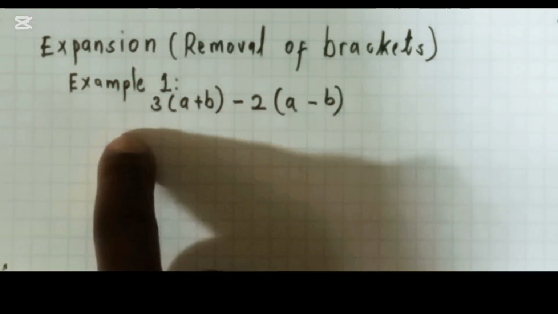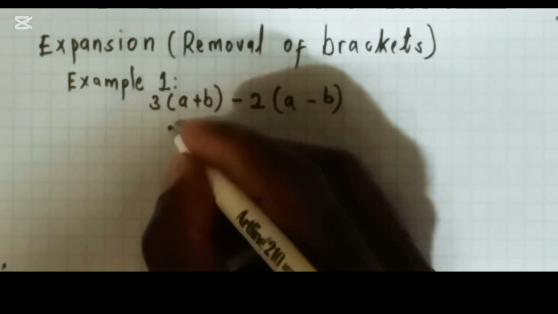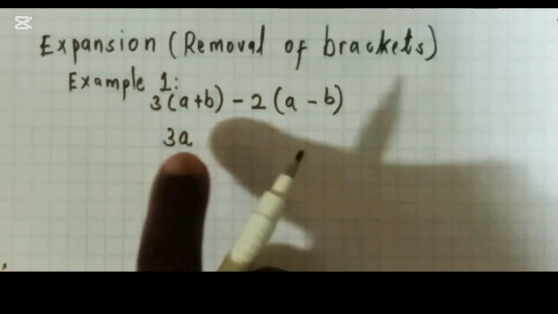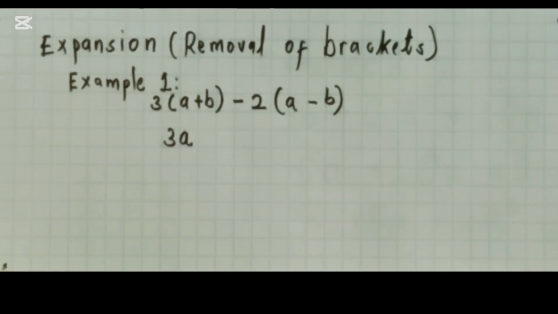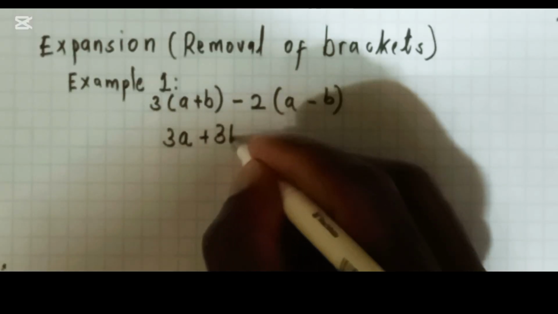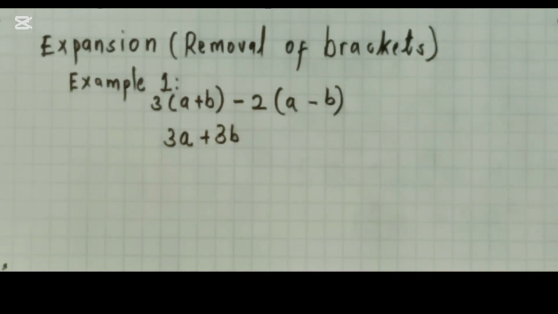So 3 times a will give us 3a. Then 3 times positive b will give us 3b. So we've done away with the first bracket. On to the second bracket, we are going to have -2 times a.